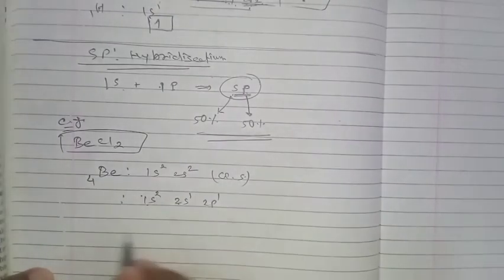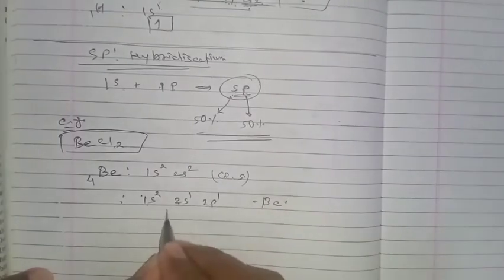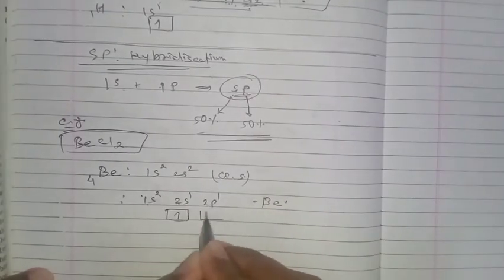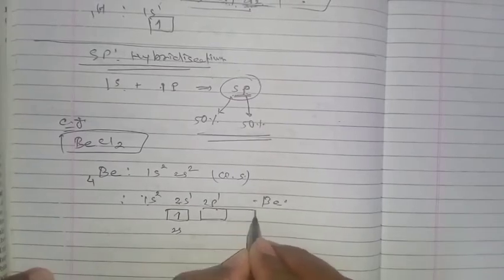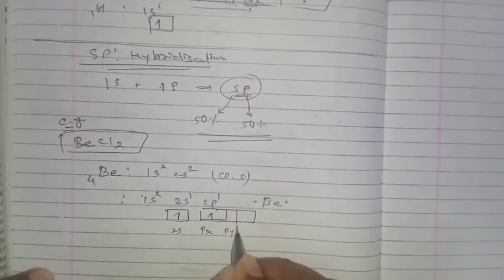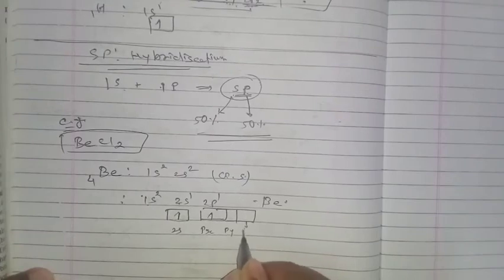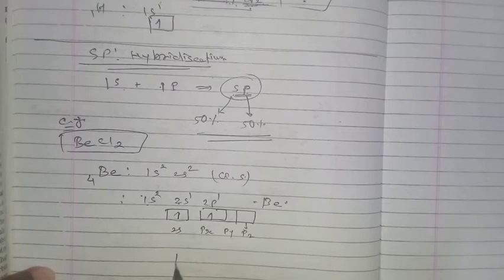That means beryllium has two unpaired electrons, one in the 2s orbital and one in the 2px orbital, and the 2py and 2pz orbitals are empty. Here beryllium is our central atom.